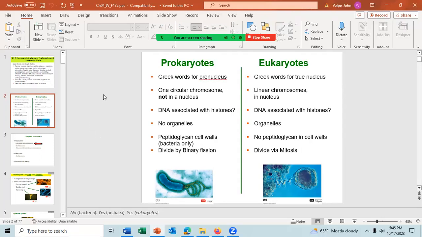That means the chromosome is in a circle, and the beginning point of the chromosome is the same as the ending point. The chromosomes are not in a nucleus in a prokaryote. In the eukaryotes, the chromosomes are generally linear, like the X chromosome, shown by my X here. It has a beginning point and an ending point, which are two different points on the chromosome. It's not circular, and the chromosomes are in a nucleus.